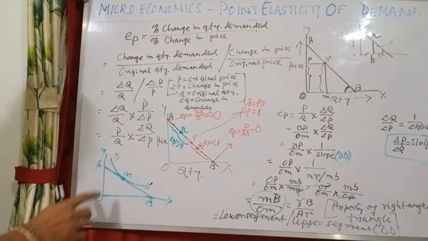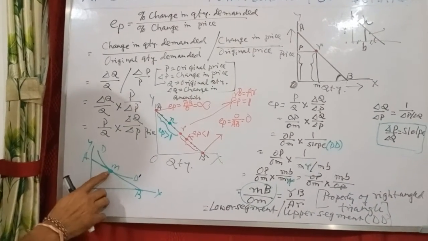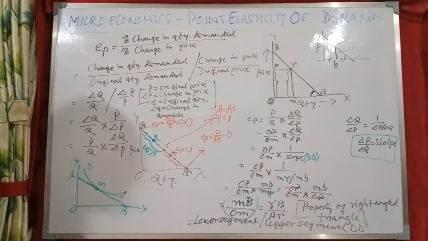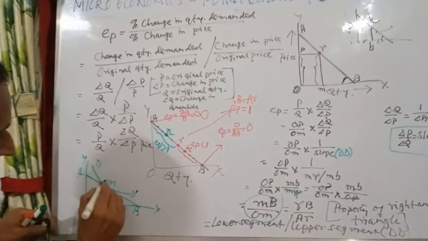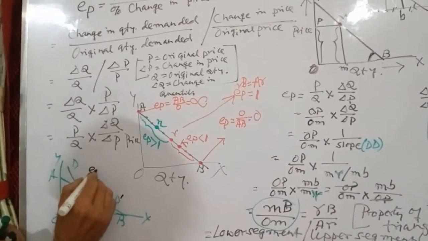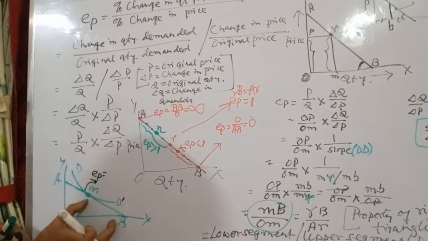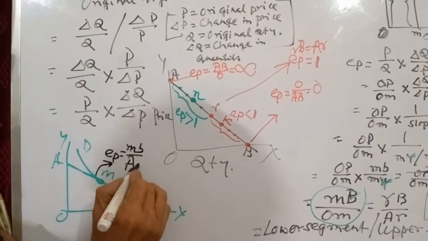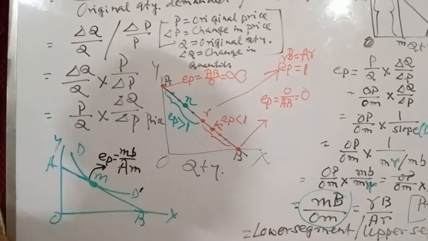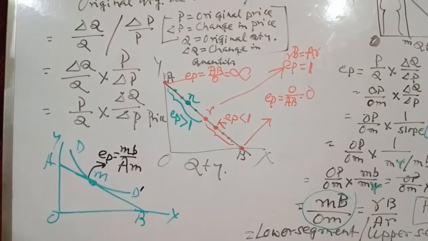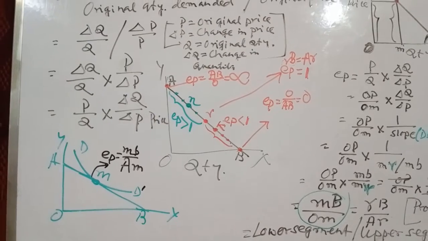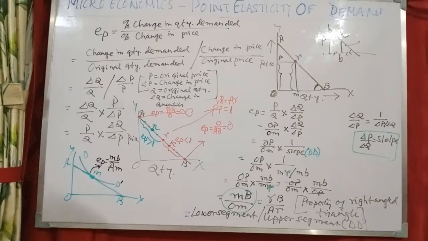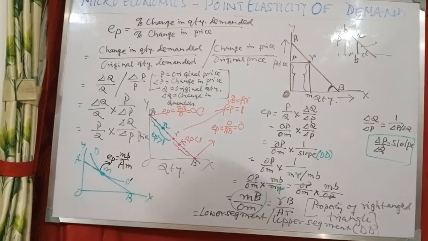So we have drawn a tangent AB at point M. Then we take the lower segment by upper segment. So elasticity at point M equals MB by AM, that is lower segment divided by upper segment. Correct?